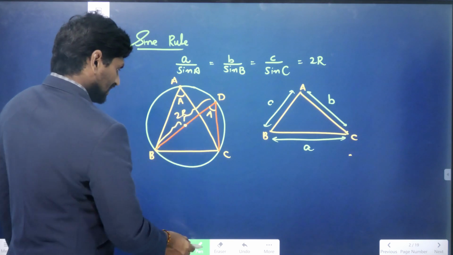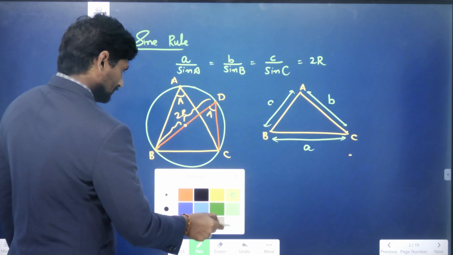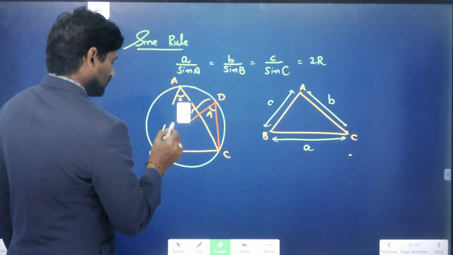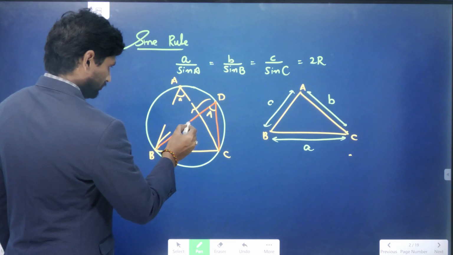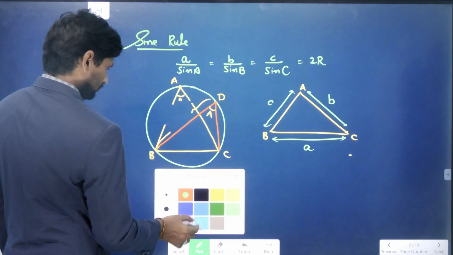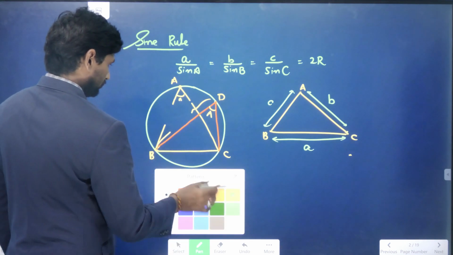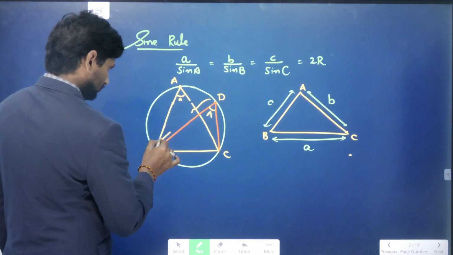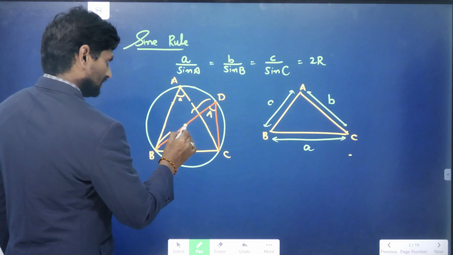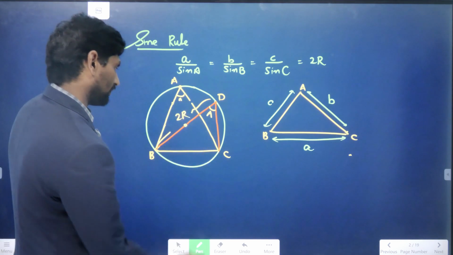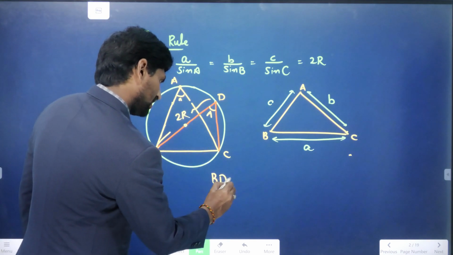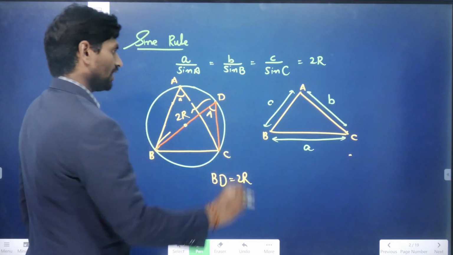So from this we can say that BD is the diameter of the circumcircle, 2R. BD equals 2R.